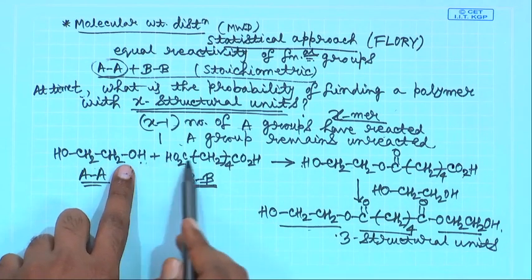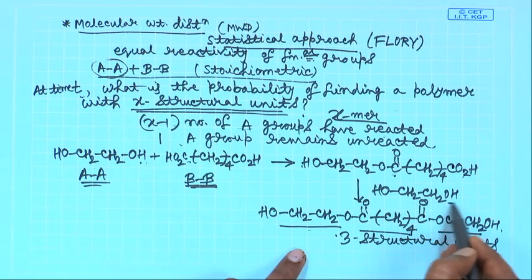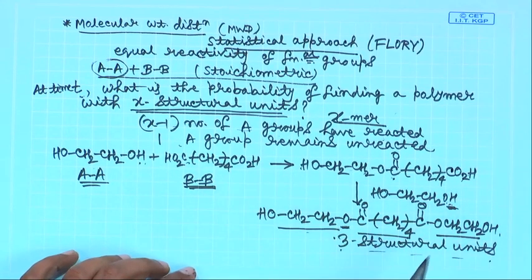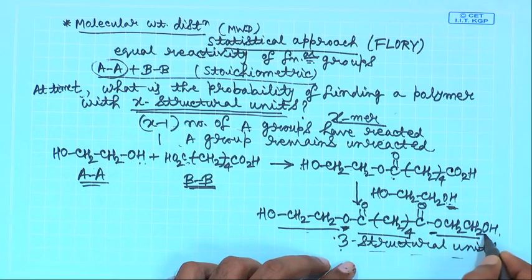In the second step another alcohol group has reacted. So, to create 3 structural units, 2 alcohol functionalities have reacted, and how many remain unreacted? One alcohol functionality remains unreacted.